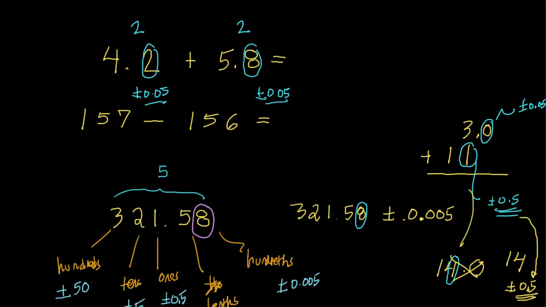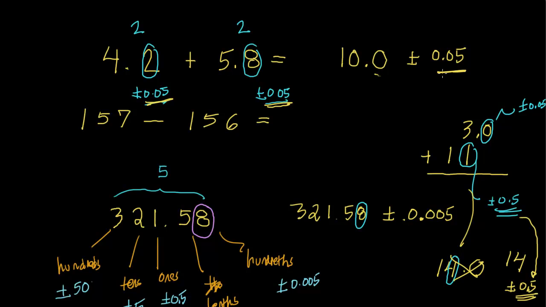When I add these two numbers together, I get 10. I'm just going to write the 0.0 here and figure out how many of these are significant. Remember, it's the tenths place that remains significant. So the result here is plus or minus 0.05, because these are the same, the result will have the same uncertainty.